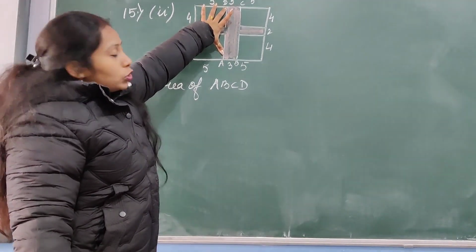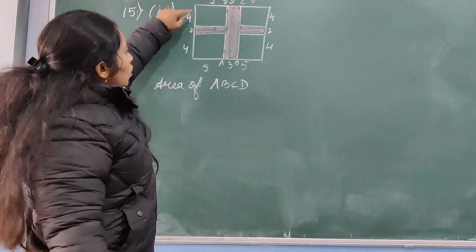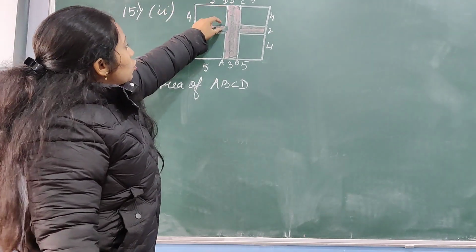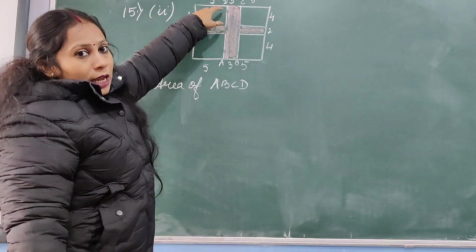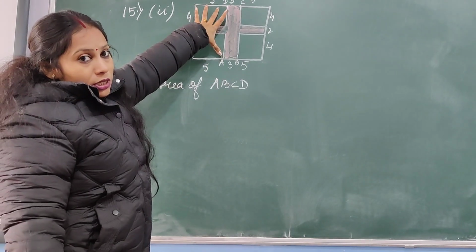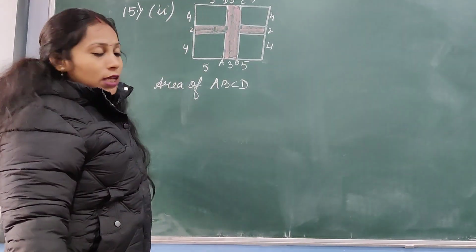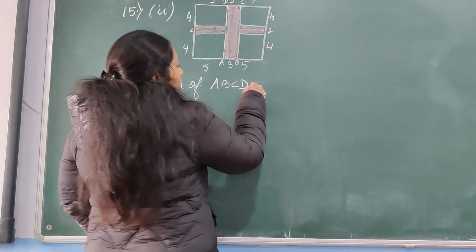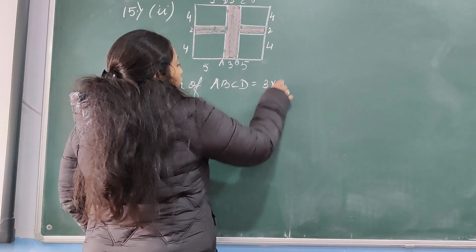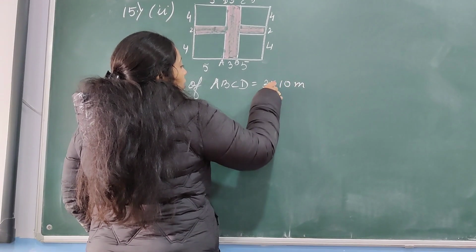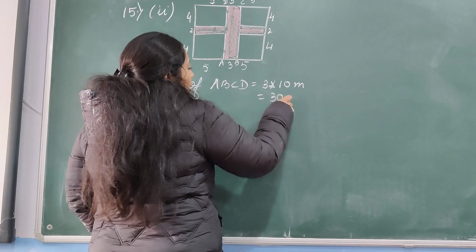It's a rectangle. So length into breadth. So what is this length? 4 plus 2 plus 4. That means 10 meters, isn't it? So to calculate the area of ABCD, we will multiply 3 meter into 10 meter. We will get 30 meters square.